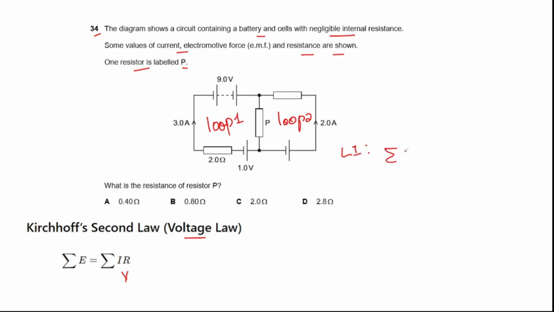So the summation of the EMF is going to be 9, and it is attached from positive to positive, right? So that's why you are subtracting the other EMF value, which is 1, and that's going to be 8, and the sum of the current multiplied by the resistance.